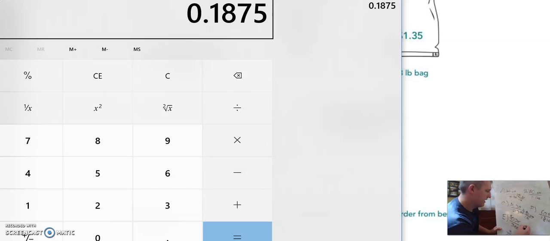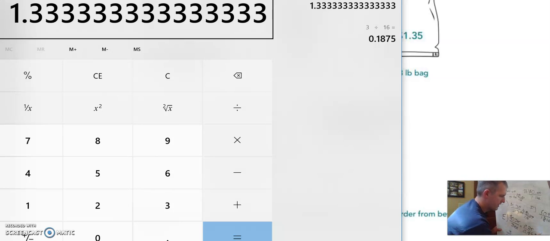So what I'm going to do is divide this 25 cents by 0.1875, in pounds. So 0.25 divided by 0.1875. That's expensive. Look at that. $1.33 per pound. So in that case, you definitely don't want to buy the small because it would cost less to get the same amount.